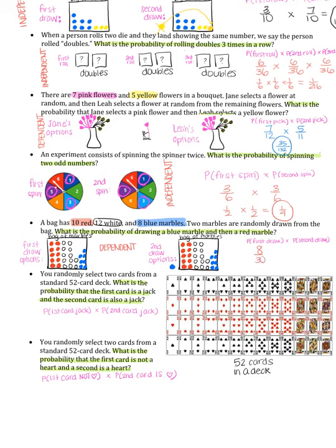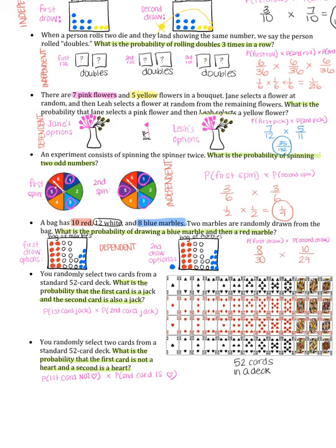The probability of the second draw after that blue one is removed, drawing a red marble on our second draw, would be 10 reds out of now 29 marbles left, no longer 30 because one has been taken out. So our second probability would be 10 red marbles out of a total of 29 marbles left to choose from.